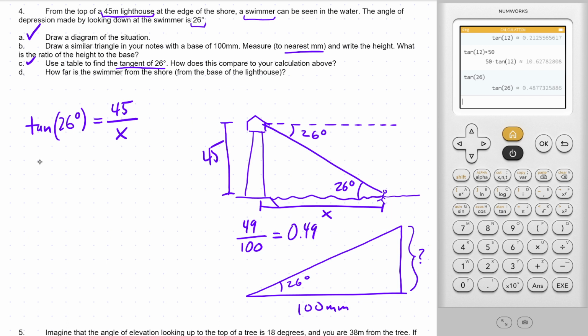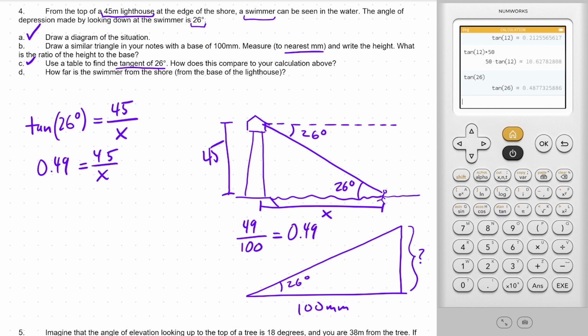Well, I know that the tangent is 0.49. I verified that with a measurement if you drew the triangle properly. Also looked it up in the table and used the calculator 3 different ways. A bit of overkill, I know, but we're learning these concepts, trying to really understand these concepts at a deeper level. And so we know that the tangent is 0.49, and so then we can say, okay, 45 over x.